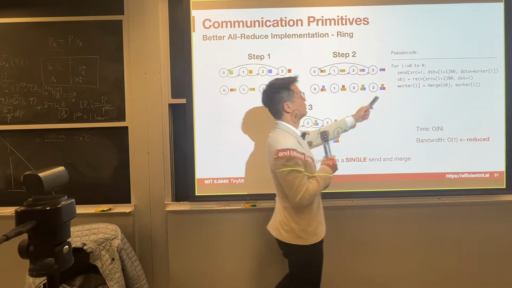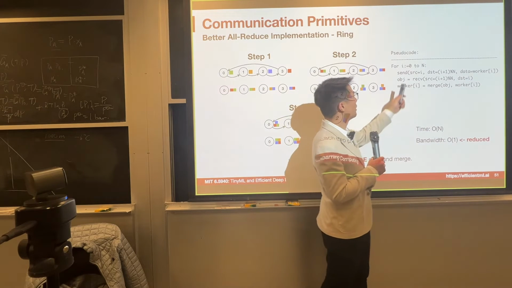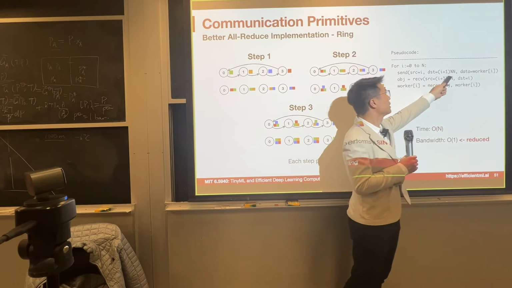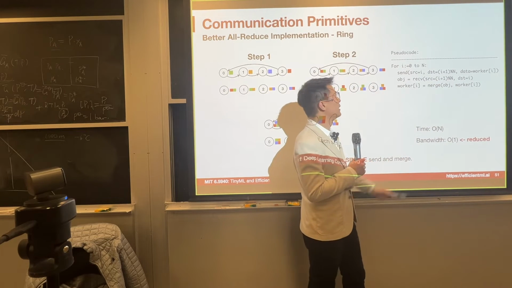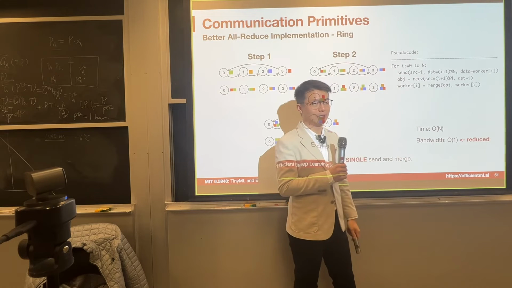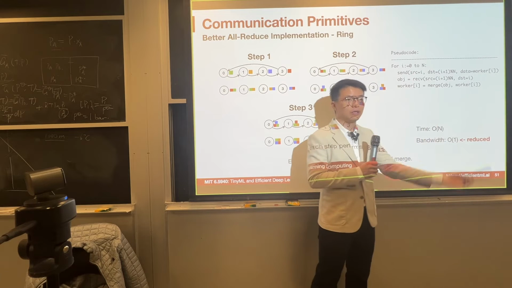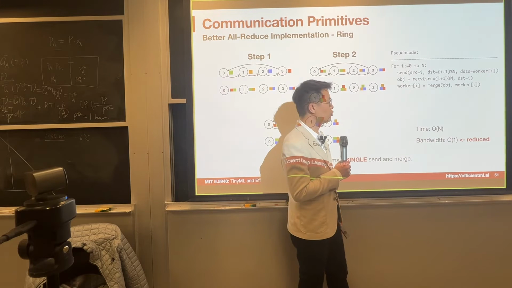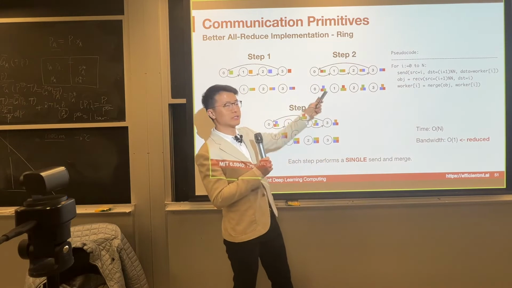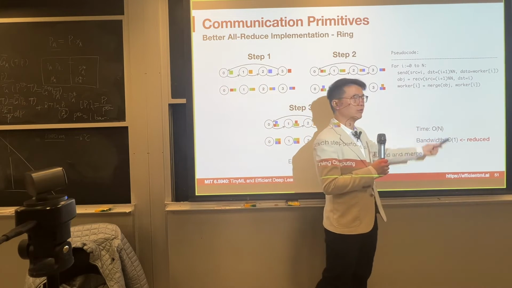So here, from iteration 0 to n, I send from i to i plus 1, modulo n, and everyone receives from the previous neighbor. And the worker will merge the information that it newly receives. So again, you need to repeat a number of steps proportional to the number of nodes.